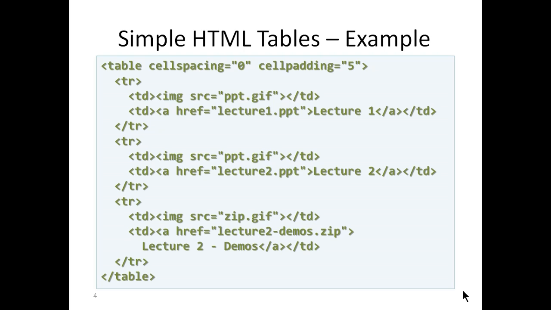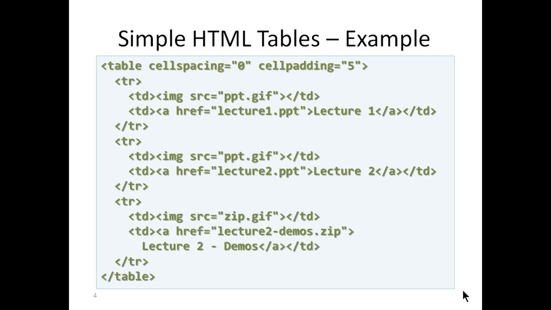Then the first line is angular bracket table. The table tag is opening. In that table tag we have used an attribute cellspacing with the value 0. Cell spacing is nothing but the spacing of a single block, a column, row block.